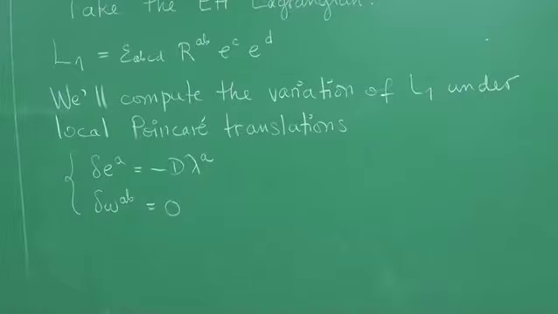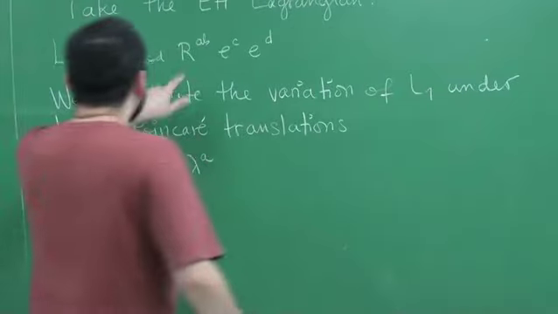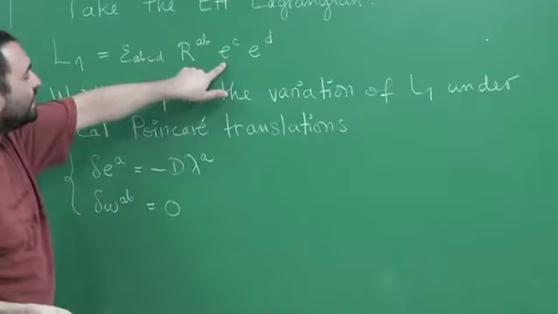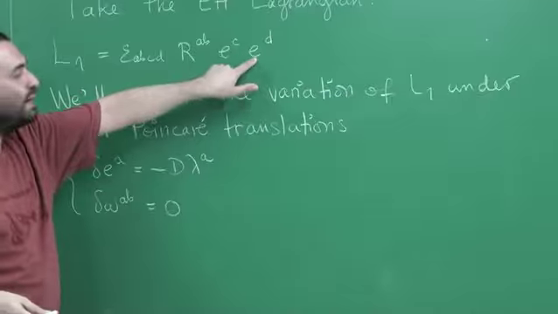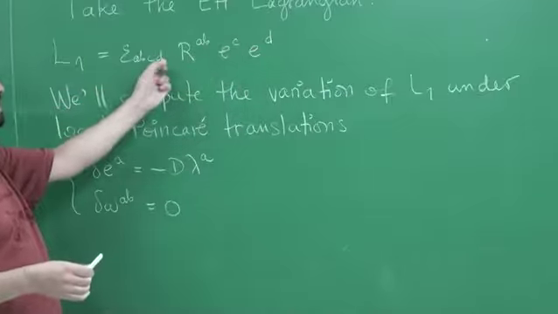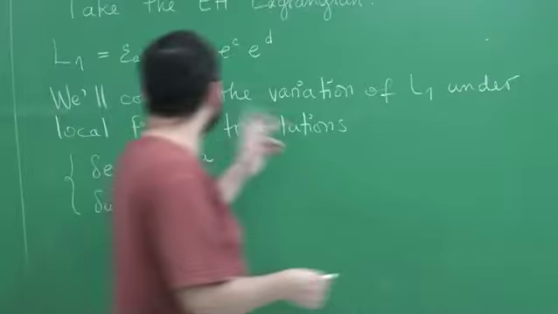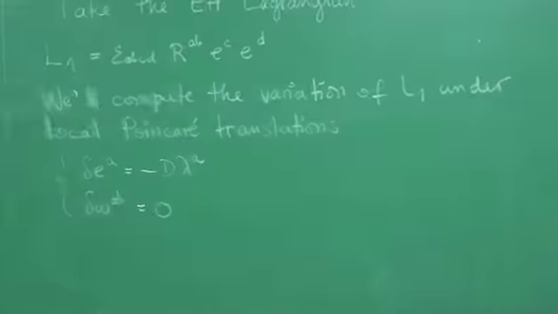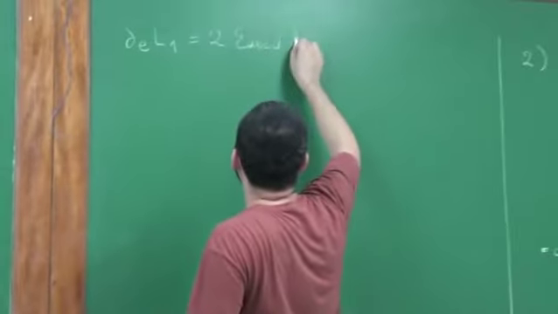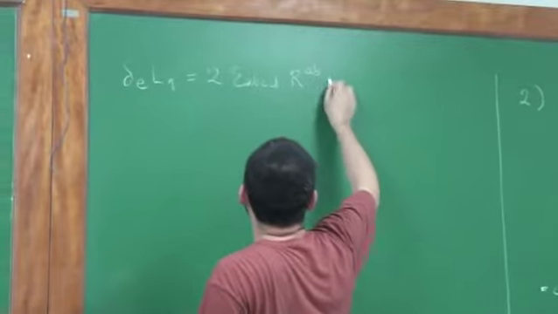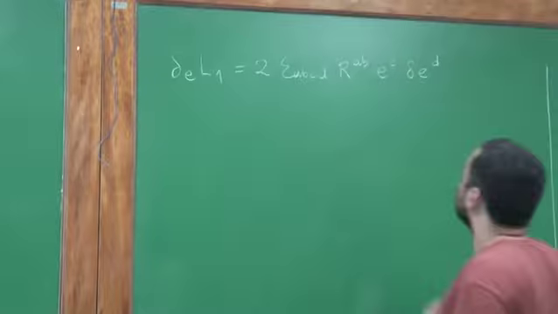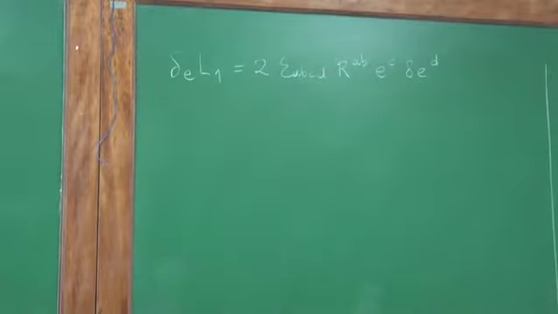Now the variation is very simple because R doesn't depend on the field bein. So we get one delta here and one delta here. We interchange the names of the indices. In the end, we get 2 times... that's the general variation.